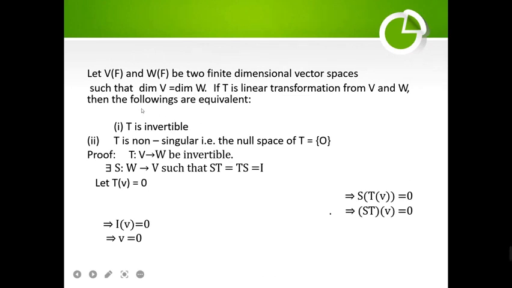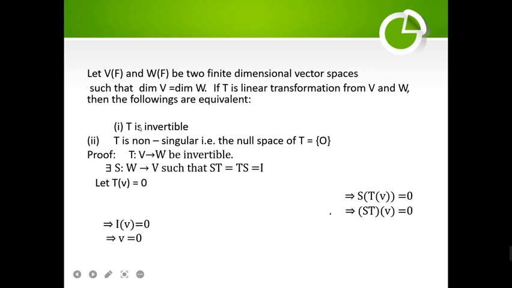Let V(F) and W(F) be two finite dimensional vector spaces such that the dimension of V is equal to the dimension of W.